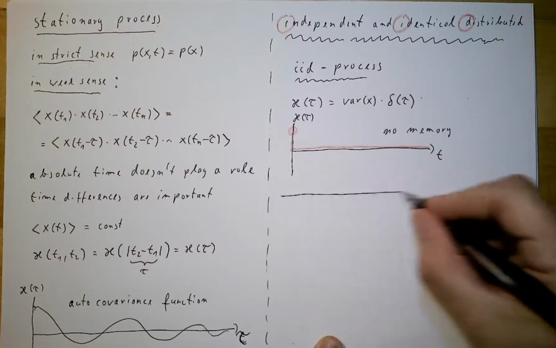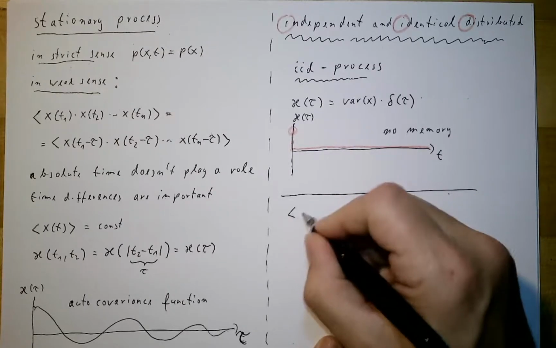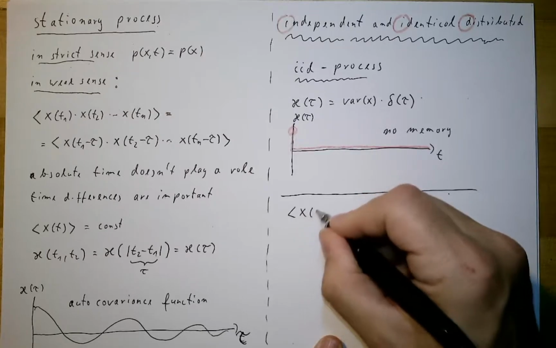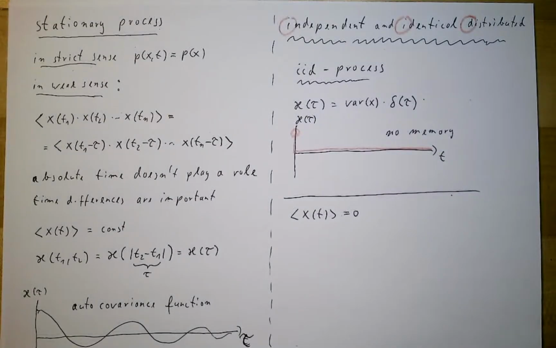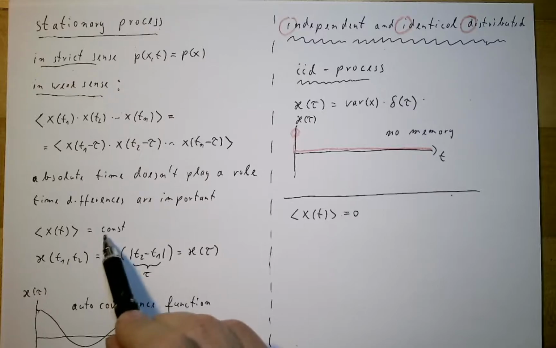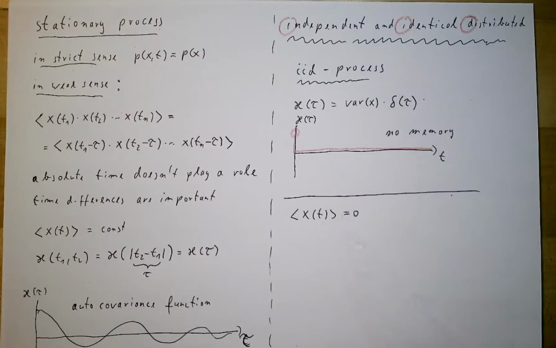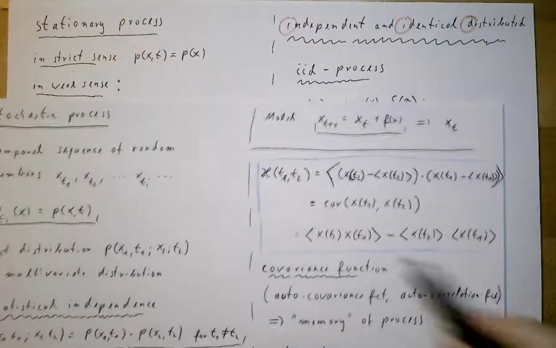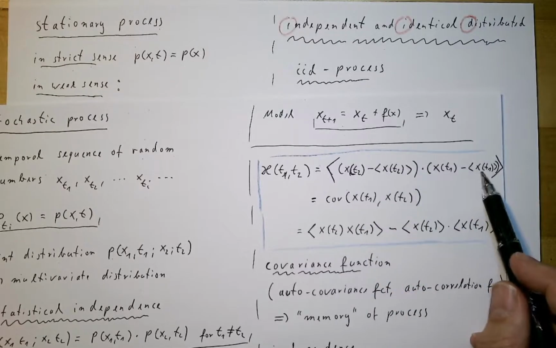Very often we also have that the mean of the random variable is 0. Because if we have a stationary distribution, the mean value is a constant. Then we can normalize everything so that the mean value is 0. Then everything is simpler because we don't have to subtract the mean values.